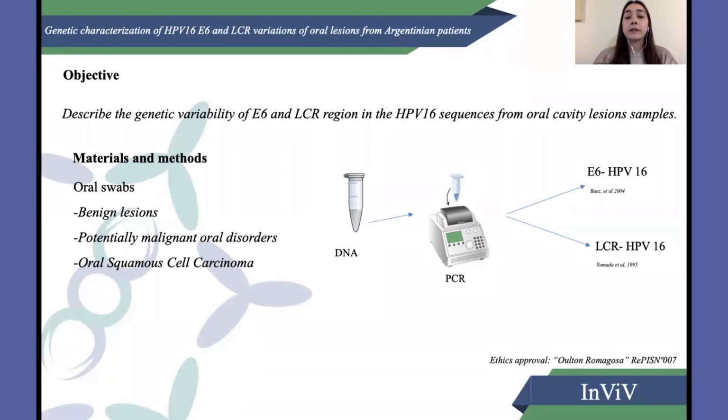We did DNA extraction, and then we analyzed the samples using specific PCR to E6 and LCR HPV16 genes and Sanger sequencing. Genetic variations were analyzed using MEGA11 software.